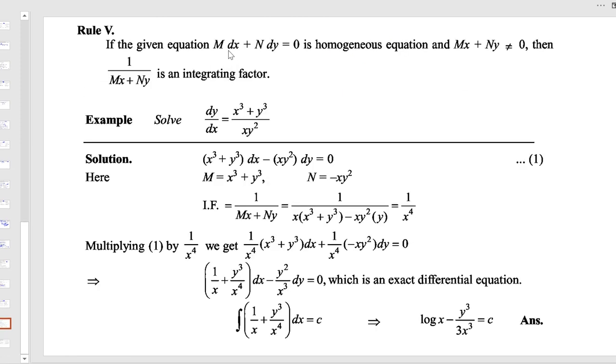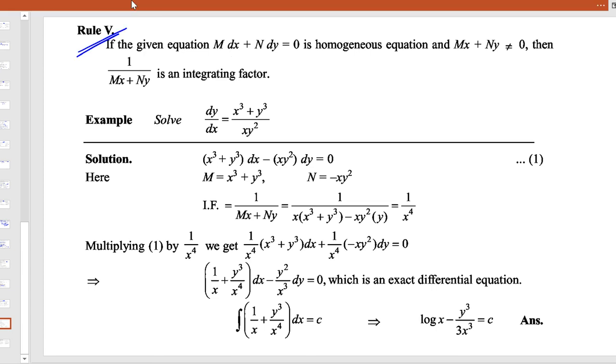Okay. Now there is another rule which is called rule 5. If the equation is of homogeneous form and m x plus n y is non-zero, then 1 over (m x plus n y) is going to be an integrating factor. Like Sajid has asked, whether we can make it exact by the homogeneous equation.